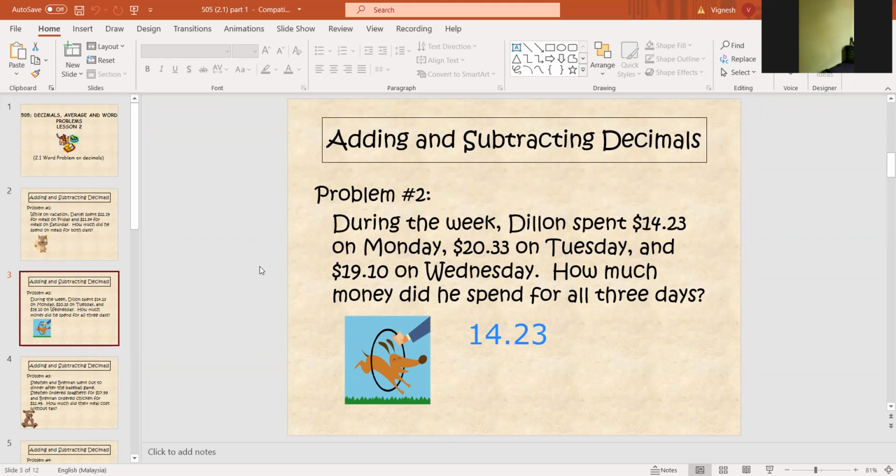Okay, maybe percentage. Herman, for the operations, we have 3 amounts of money they spent, right? For Monday, Tuesday, and Wednesday. If you want to add up, you can add 2 by 2. Add the Monday and Tuesday first, and the answer you can add up with Wednesday.